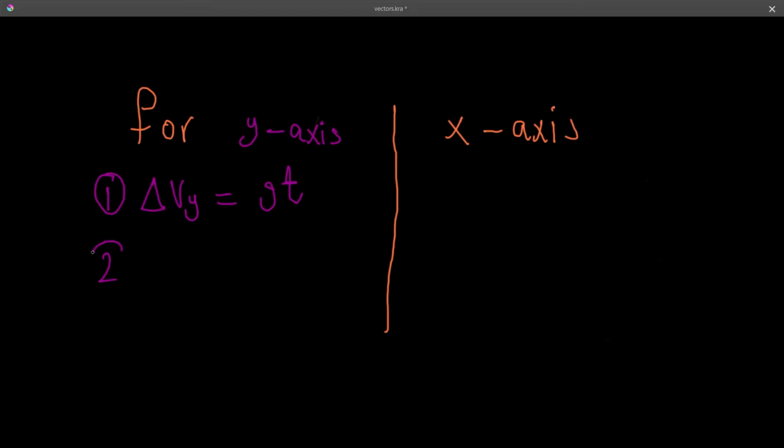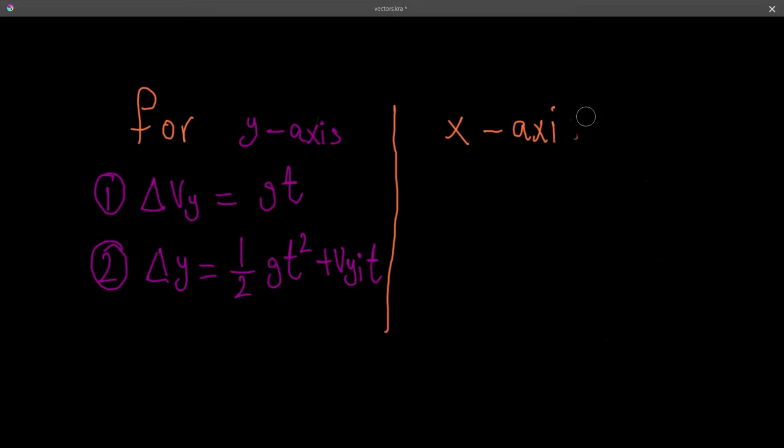The second equation is that delta h, or the displacement on the y-axis, we'll just call it delta y, is equal to half gt squared plus vyi, so the initial vertical velocity multiplied by the time.